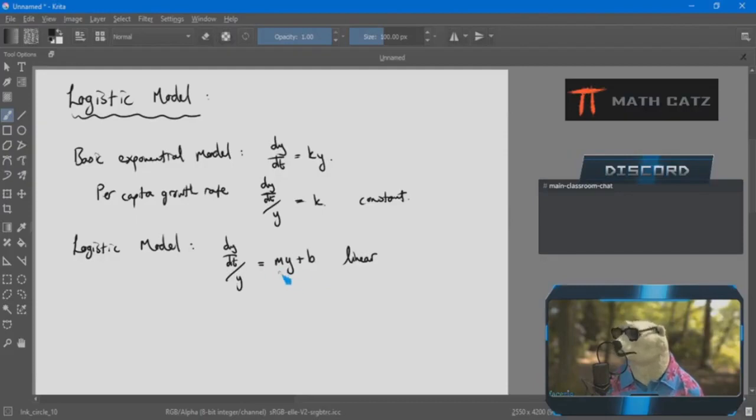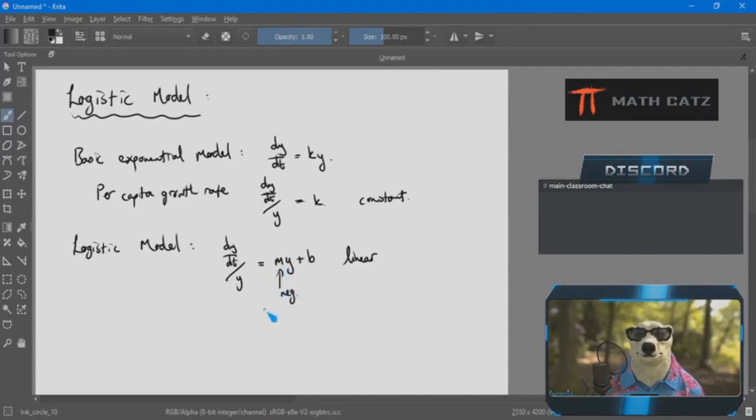Think of your y equals mx plus b, but now y is the variable in that linear function on the right-hand side. Of course, we're going to make m here negative so that the higher the population, the lower the per capita growth rate.